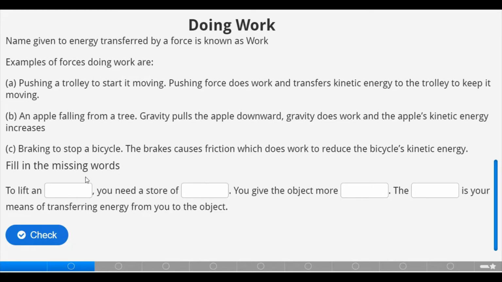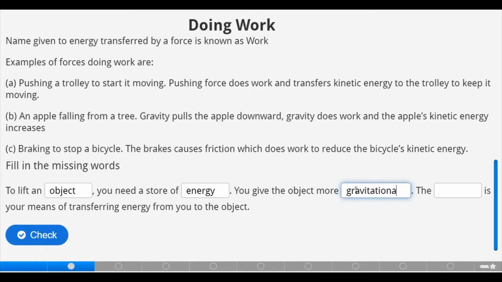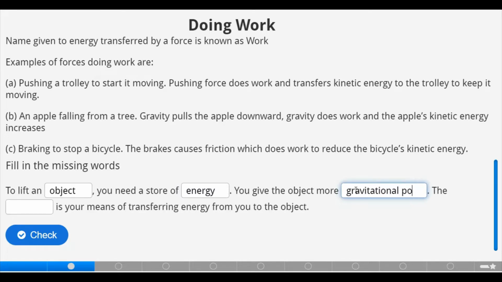To lift an object, you need a store of energy. You give the object more gravitational potential energy.